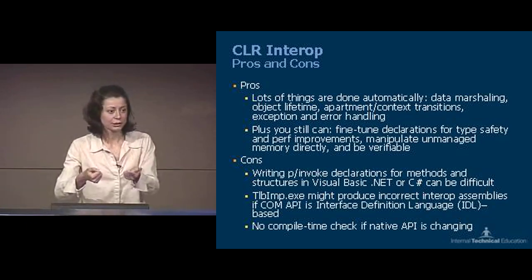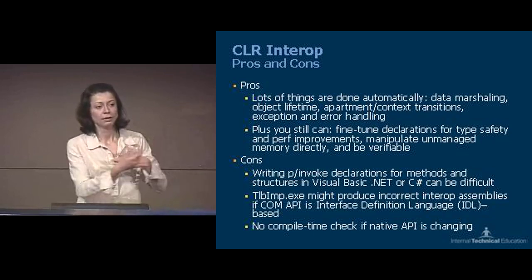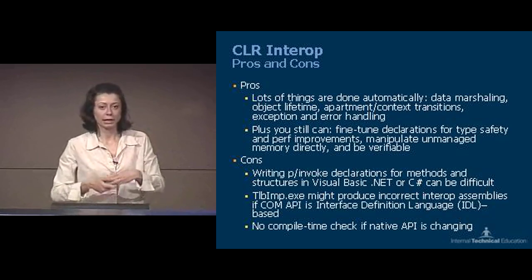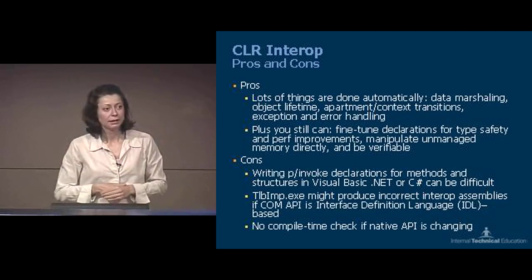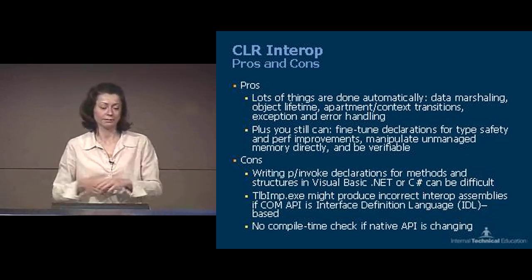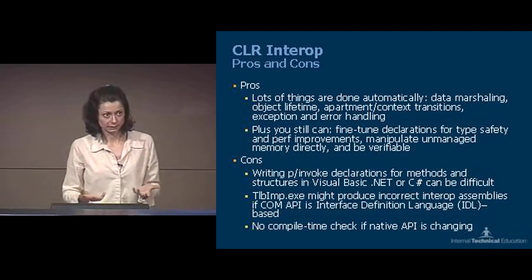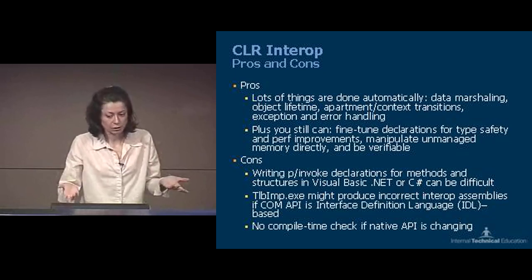You pass a managed string to an API, and poof, on the other side, it's a BSTR. And again, you get back some COM type, and on the managed side, you have a nice managed type. That type of magic happens automatically, so you don't need to take care of data marshalling.